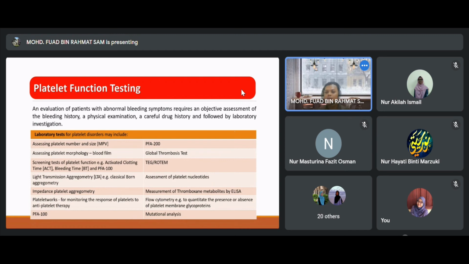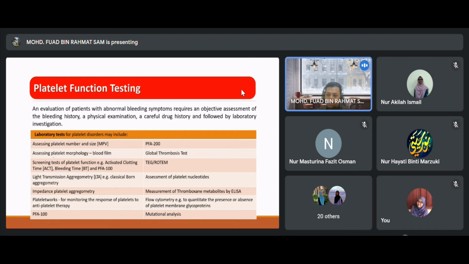Okay. So in platelet function testing, an evaluation of patients with abnormal bleeding symptoms requires an objective assessment of the bleeding history, a physical examination, a careful drug history, and followed by laboratory investigations. So usually the laboratory tests for platelet disorder may include, kita akan assess the platelet number and size.